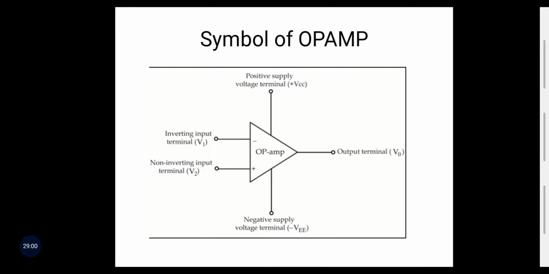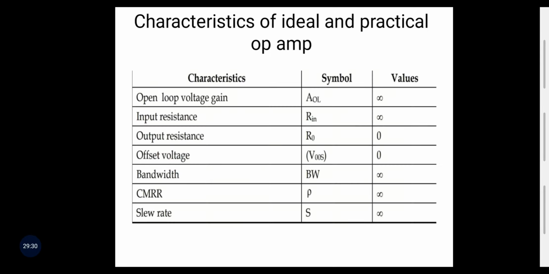Minus is called inverting input, plus is called non-inverting input. There are also two supplies, positive supply and negative supply, plus VCC and minus VEE. The output terminal is V0. Like resistor, capacitor, inductor and transistor have their symbols, the operational amplifier also has its symbol.